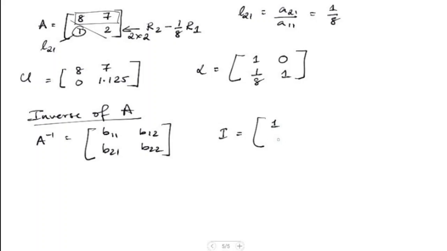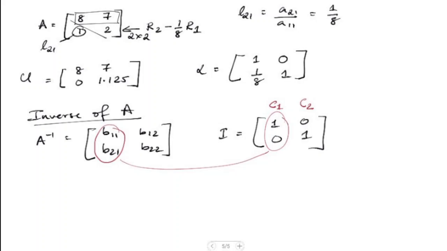It's a 2 by 2 matrix, so it's 1 0 0 1. We know this matrix, and we also know that for every column here we will use the column here, right? So let's name this one column 1 vector and this one column 2 vector, and let's say this one is the x1 vector and this is the x2 vector.